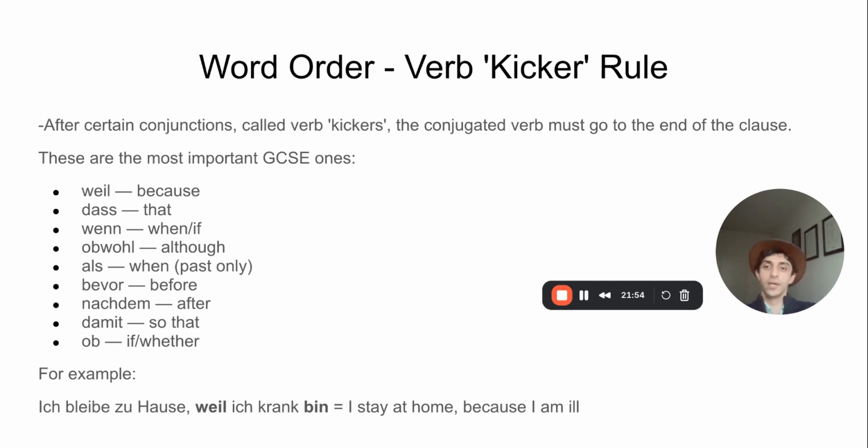Every time you write any of these conjunctions in German, you must remember that they push the conjugated verb right to the end of the clause whenever you're writing or speaking in German. It's easier, of course, with reading and listening because those are more passive skills and you'd simply have to recognize the meaning and understand them rather than produce the right word order yourself.